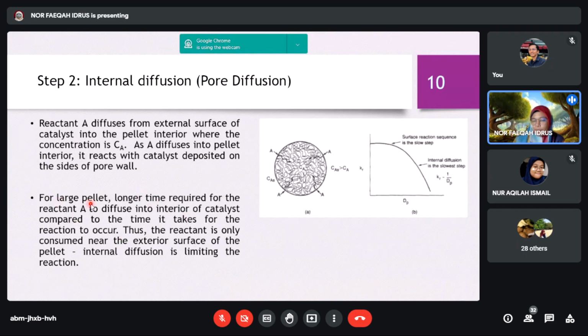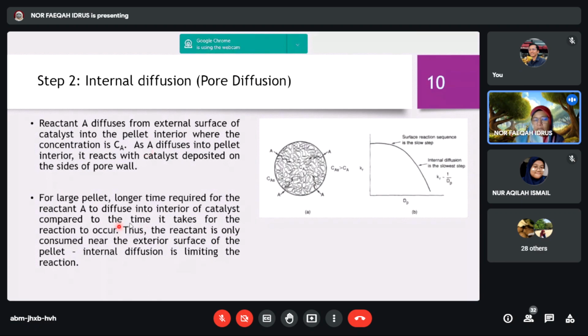Okay, for a large pellet, so for a large size of catalyst, longer time is required for reactant A to diffuse into the interior of catalyst compared to the time it takes for the reaction to occur.